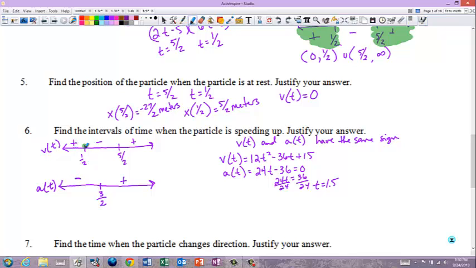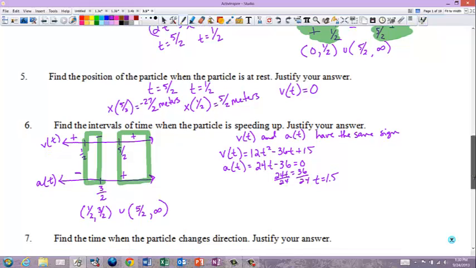It's negative and negative right here. And it's positive, positive right here. So it's between 1/2 and 3/2, and also bigger than 5/2. I don't know if that made any sense or not.